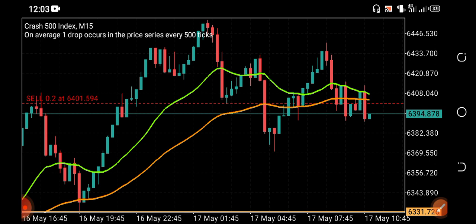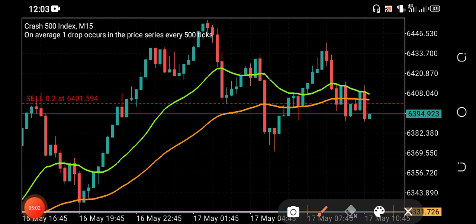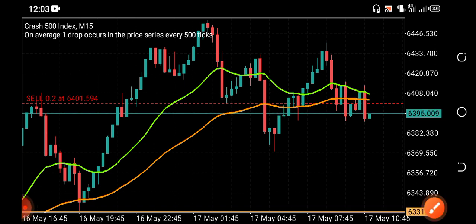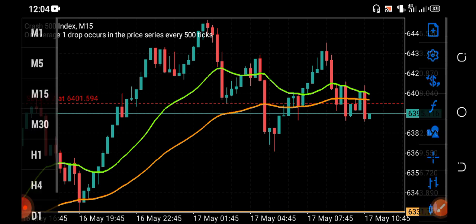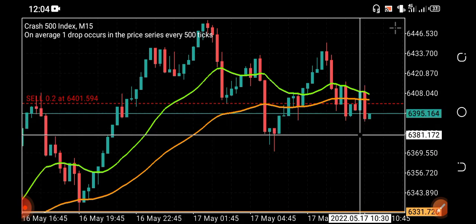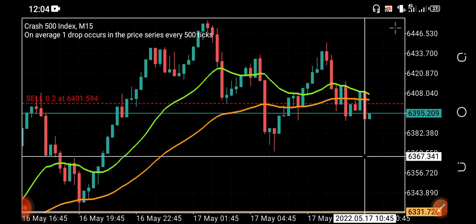If this spike happens again, these two moving averages will not close. Understand? And if they close, it will get to this point as the first TP.